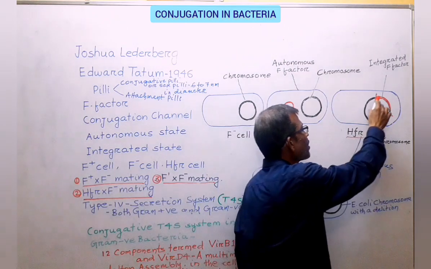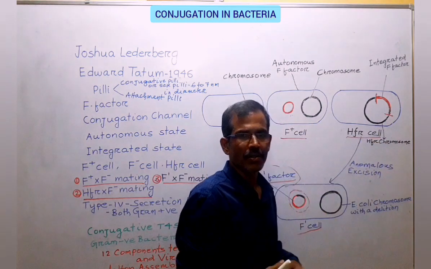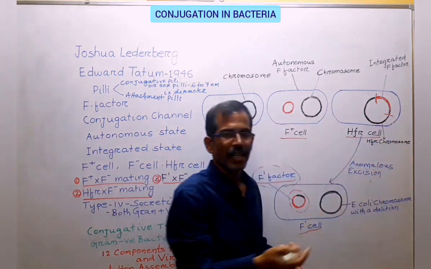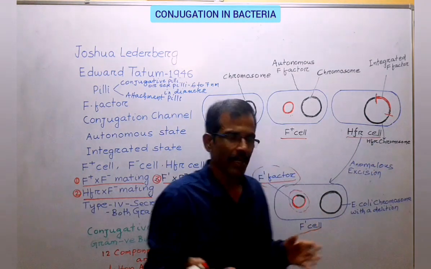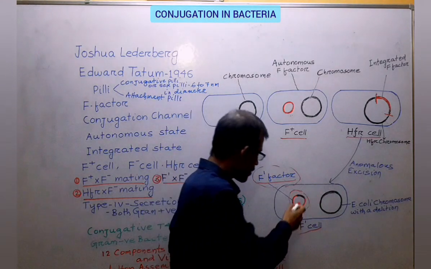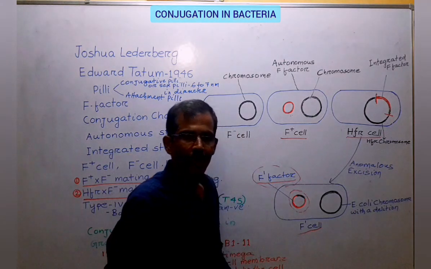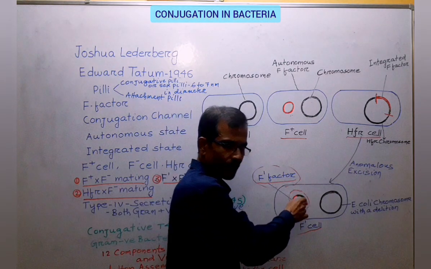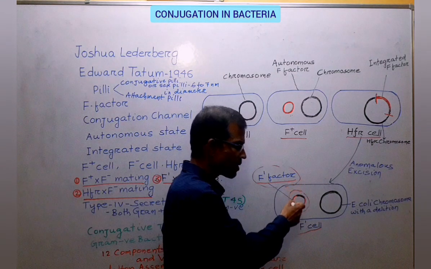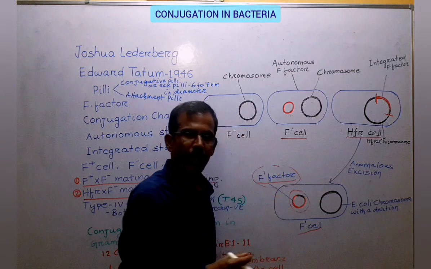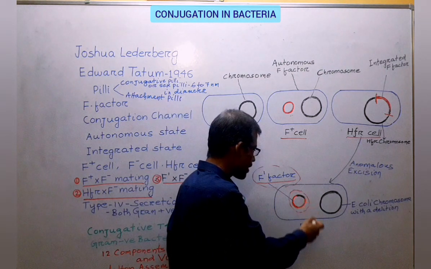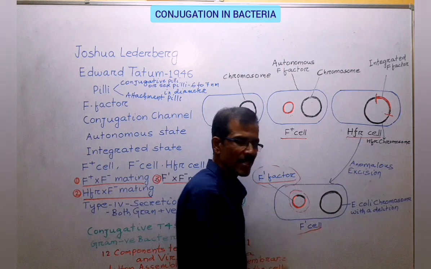When the excision is abnormal or anomalous, that means the integrated F factor is excised at the wrong place, then the excised F factor may carry some of the bacterial genes. Such an F factor that carries some of the bacterial genes is termed F prime factor, and the bacterial cell that contains such a factor is called an F prime cell.